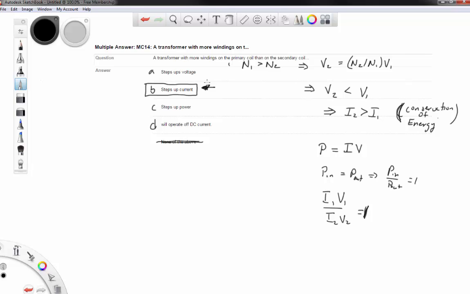You might also be asking why it is that this actually steps up the voltage. That's explained a bit in your text, again on pages 227 through 228.